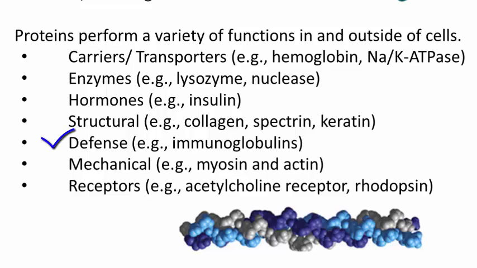Another category of proteins are those that provide defense. Immunoglobulins are what we sometimes call antibodies. That is, in our immune system, we make proteins that protect us against invading molecules. Very important function. Proteins also serve a mechanical function. The two most important here are myosin and actin.